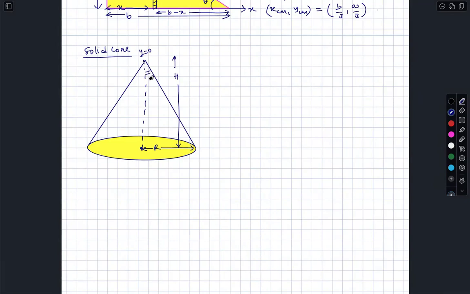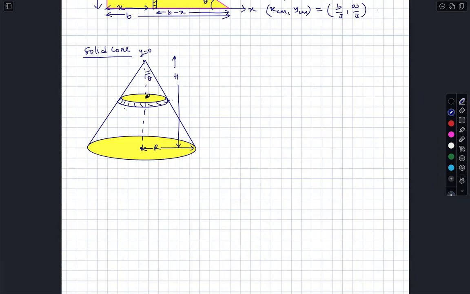You will assume the semi-vertex angle as theta, and you will take a disk as the criteria here. You will take one such disk, and for all such disks you will take the center of mass location.